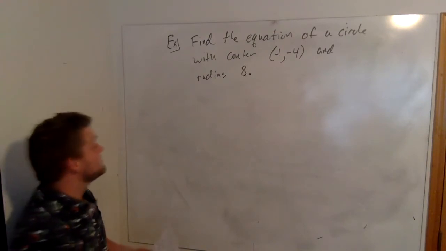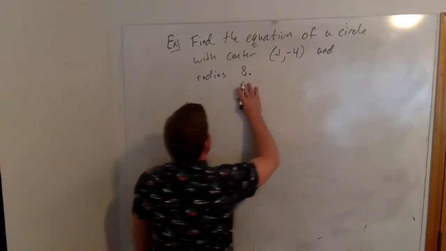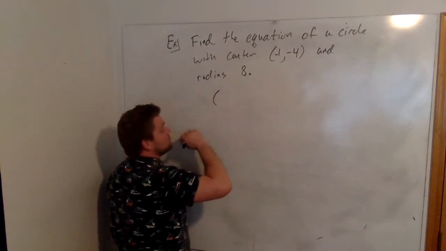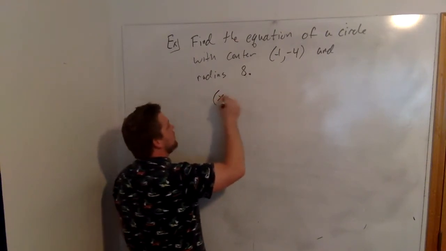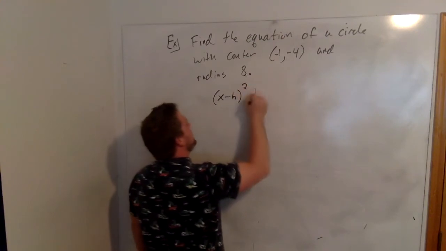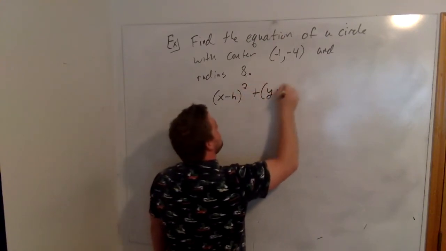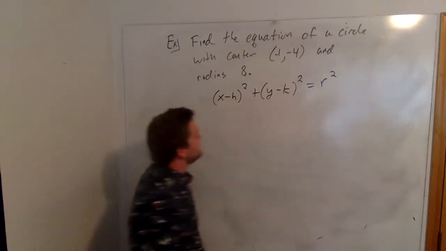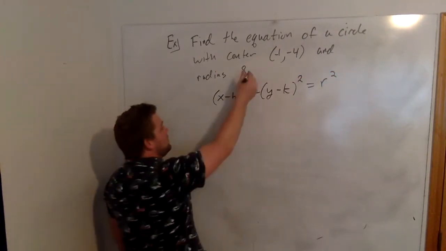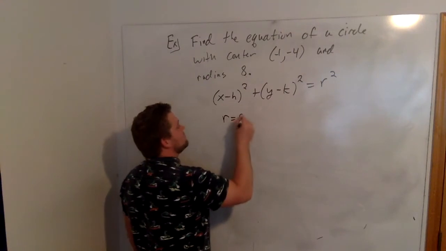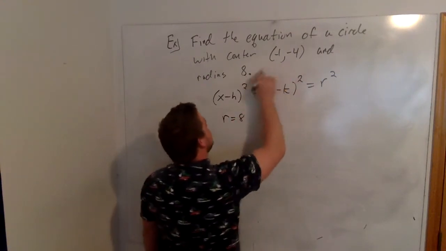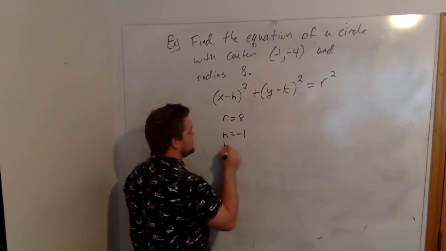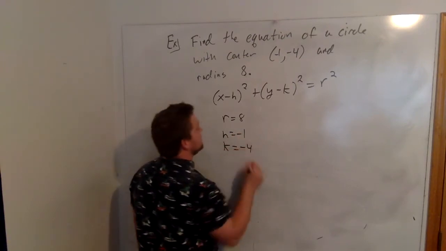Okay, let's do it. Here we have that the radius is 8, and we could start by writing down the general equation of a circle: (x minus h) squared plus (y minus k) squared equals r squared. Looking at the center, our h is -1 and our k is -4.